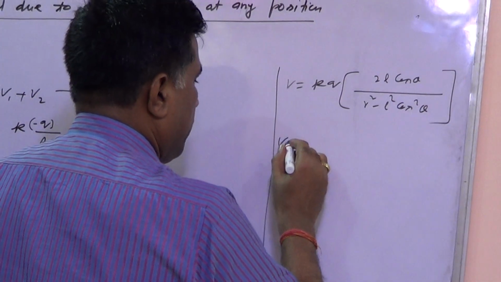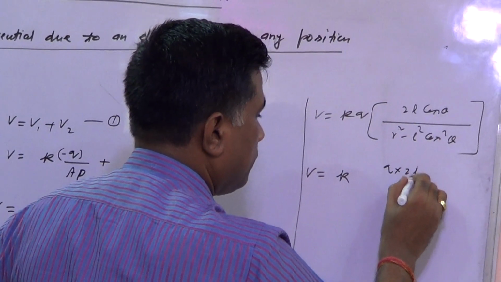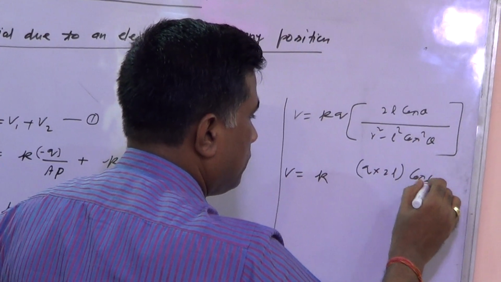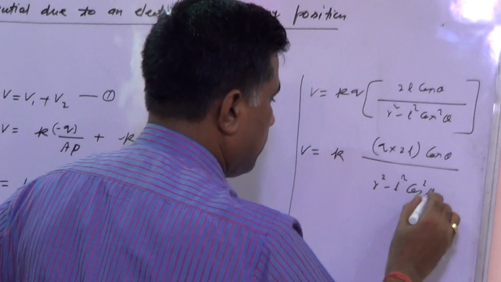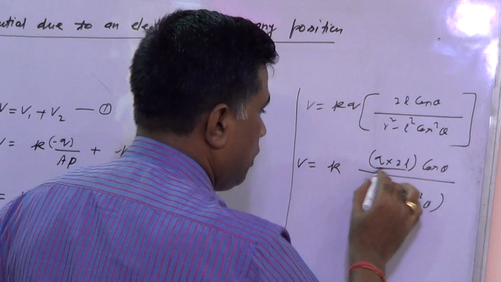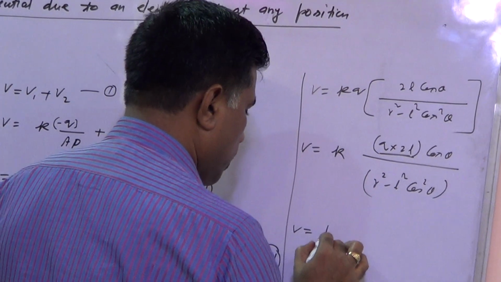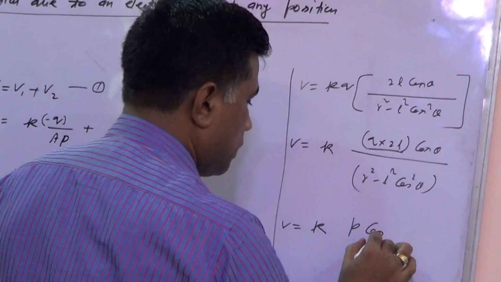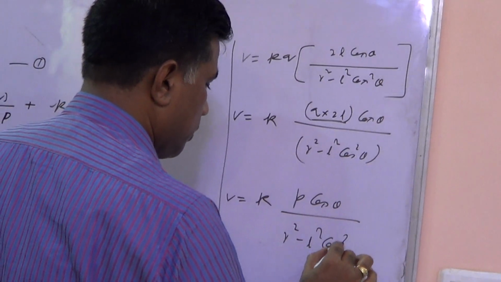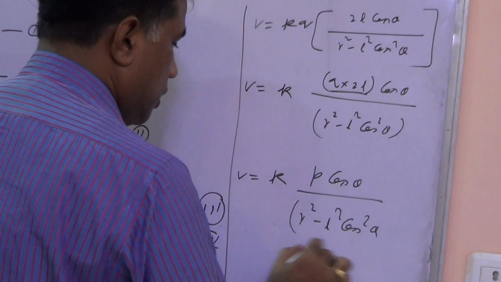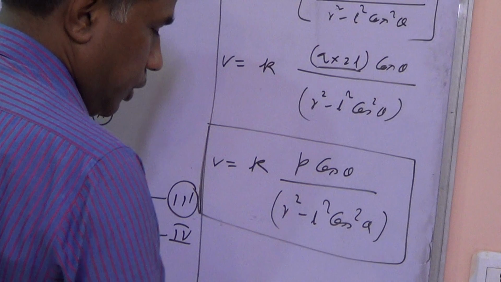Now we arrange small k into 2L into cos theta by R square minus L square cos square theta. Now this q into 2L is equal to the electric dipole moment P. So V equals small k P cos theta by R square minus L square cos square theta. This is the final formula for electric potential due to an electric dipole at any position.